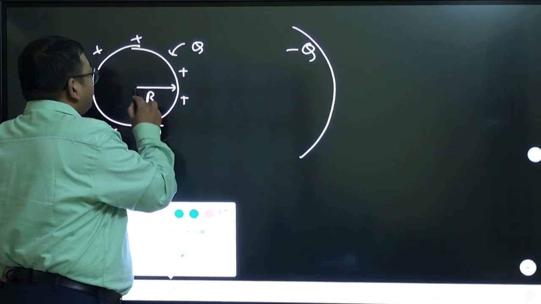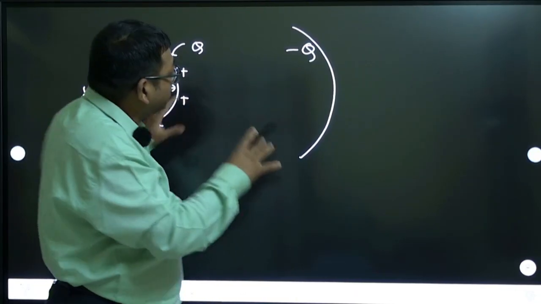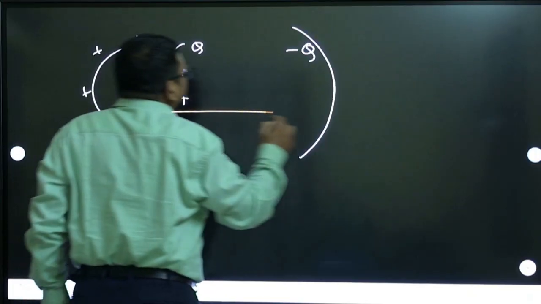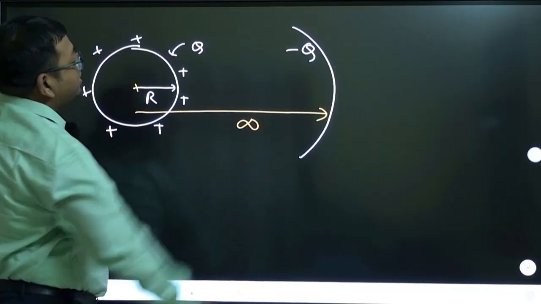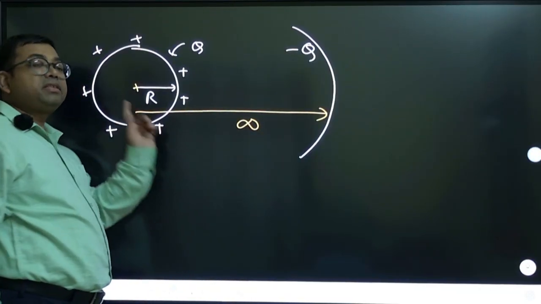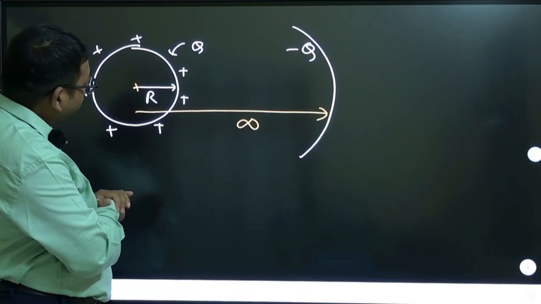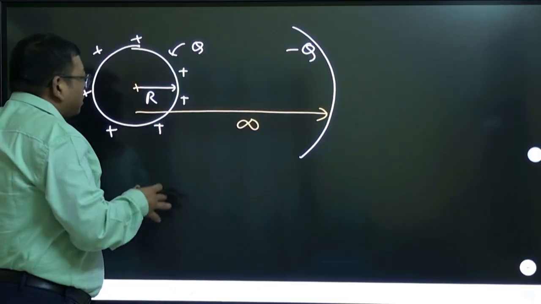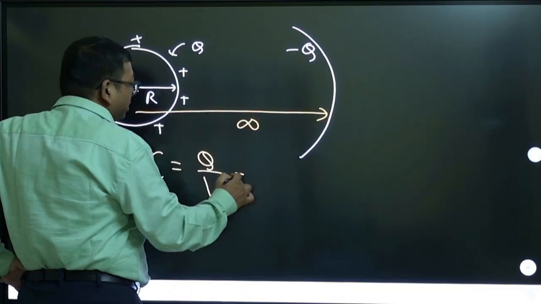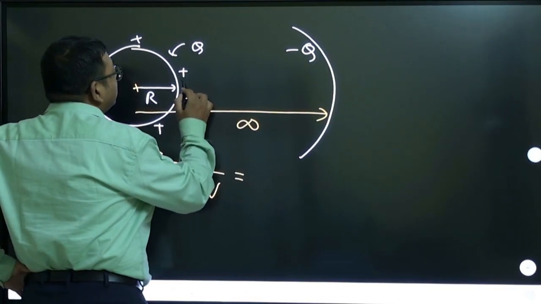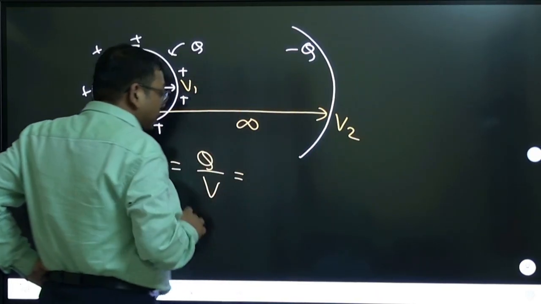Okay, so you can understand that actually there are two spheres. We were seeing only one sphere, but there are two spheres. One sphere has infinite radius, because you can make a sphere of infinite radius from where you are bringing the charge. So this capacitance which we have studied is, we have seen capacitance as charge by voltage, but actually let us say this point has potential v1 and this sphere has potential v2.